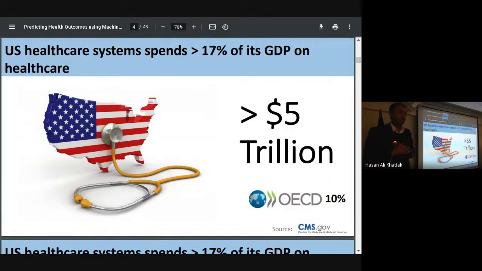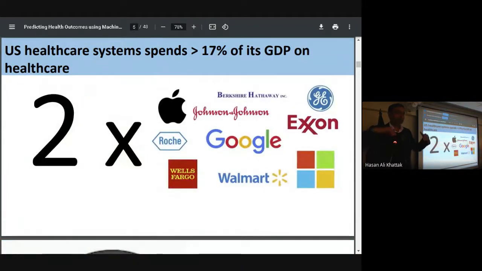Just to clarify the magnitude of this 5 trillion, it is more than 2 times the value of these big giants. Apple reached 3 trillion yesterday, and then Johnson & Johnson, Exxon, Google, Walmart. So the healthcare spending per year is double the total value of these big companies.